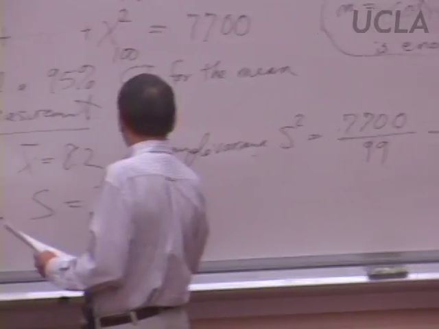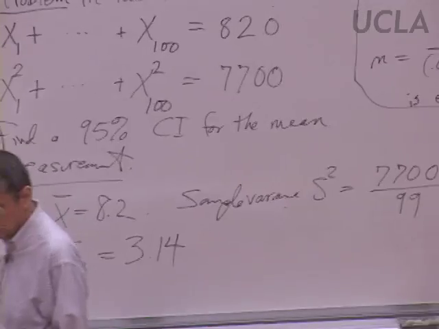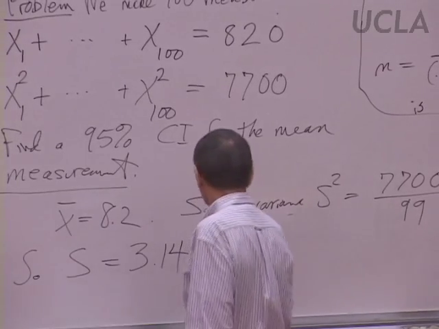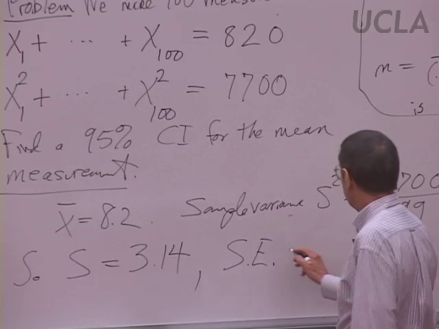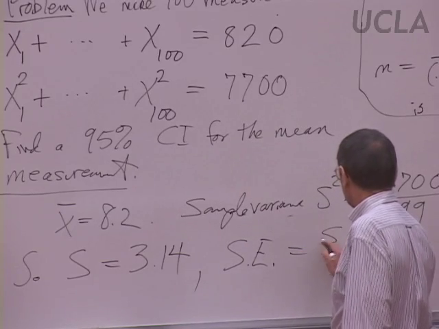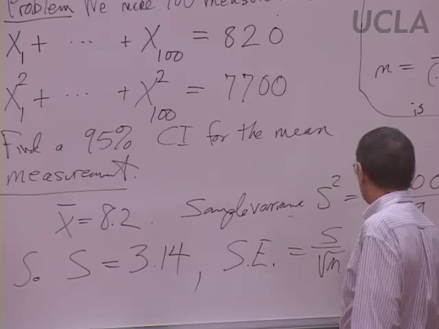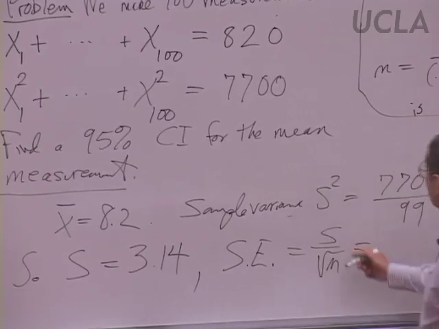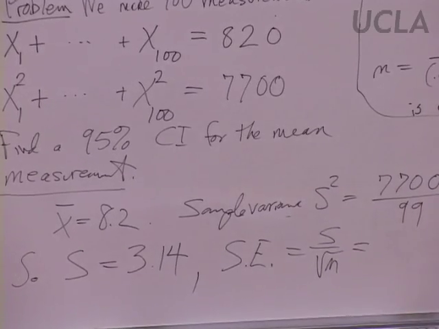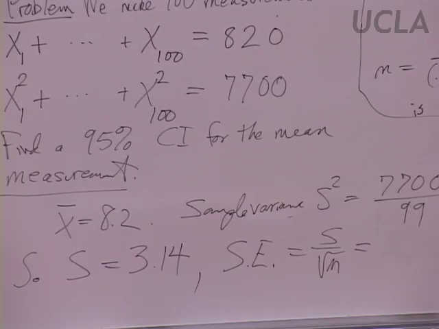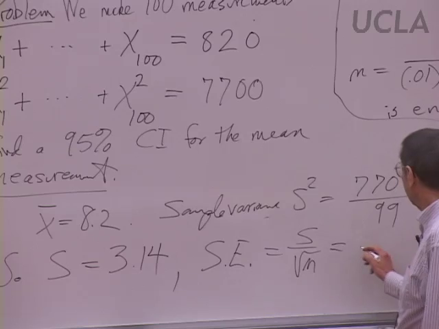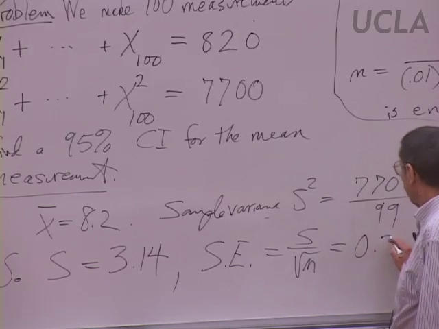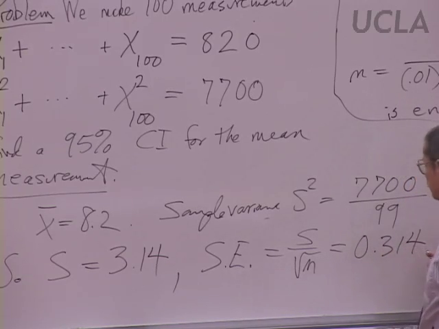Well, the square root of that turns out to be 3.14. Standard error, we divide that by the square root of 100, 0.314.